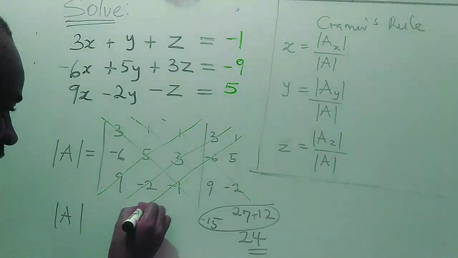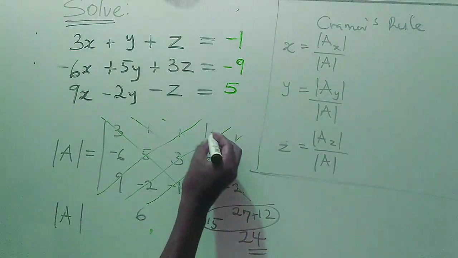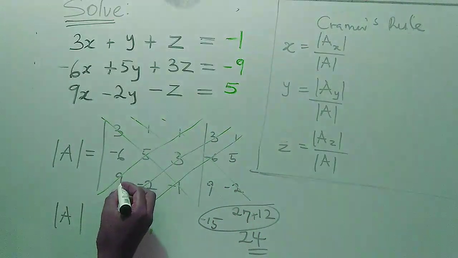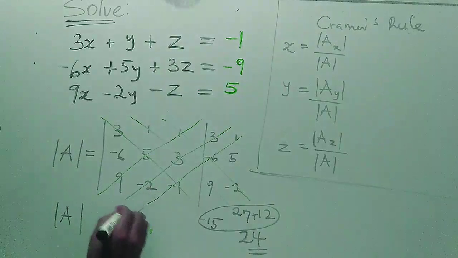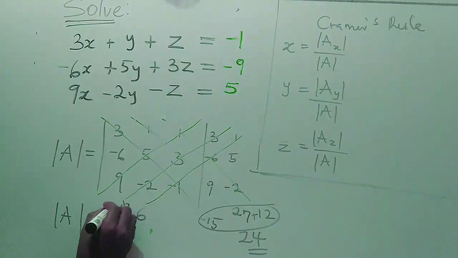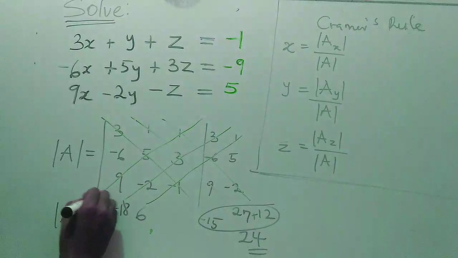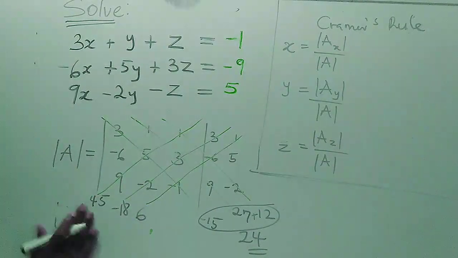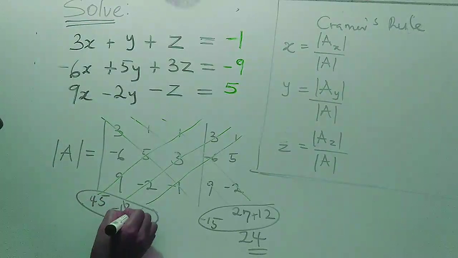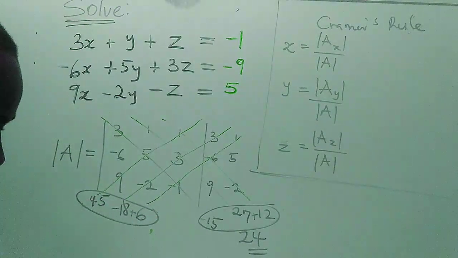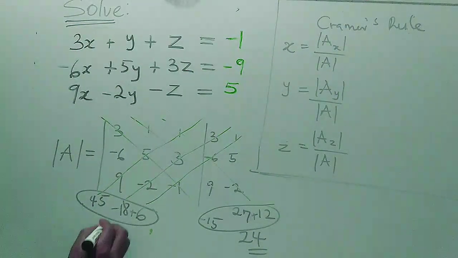That will give me plus 6. We have 3 times 3, 9, times this, that's minus 18. And then we have this times this, which is 45. Let me clean this a little bit so I can have space. If you sum up everything here, that gives us 33.